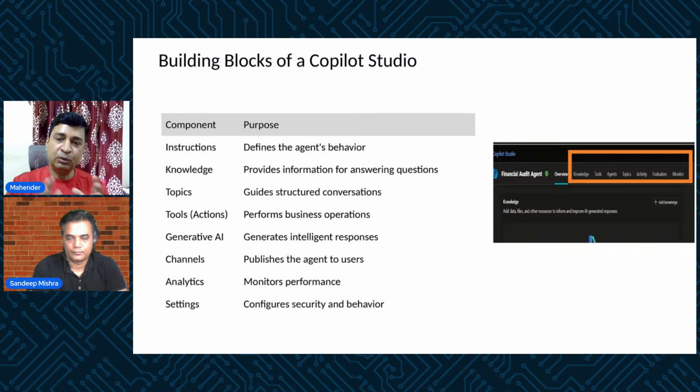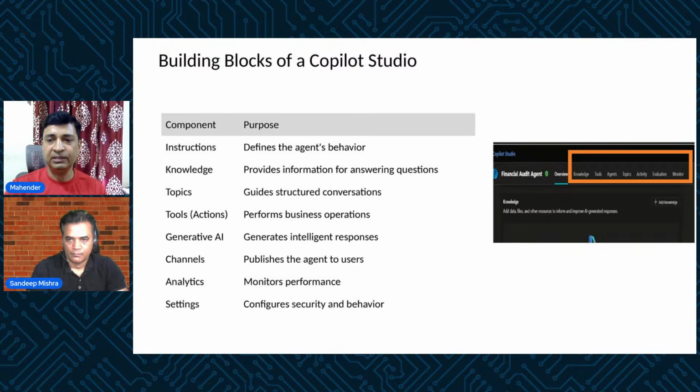Maybe that information is part of the CRM, or part of the ERP system, and that information will come from those knowledge bases, and the agent will utilize them. So that's what we use knowledge for, to connect to our different data sources so that it can answer our questions.